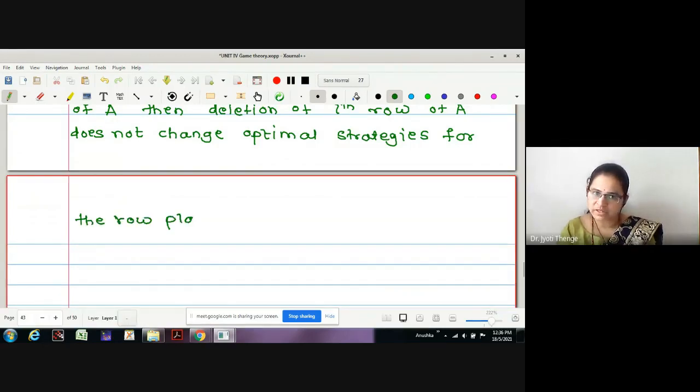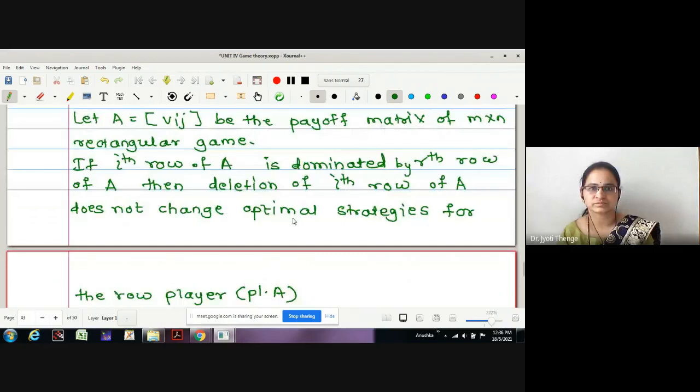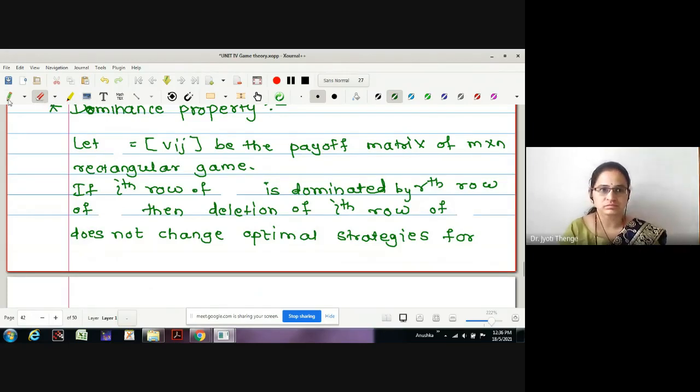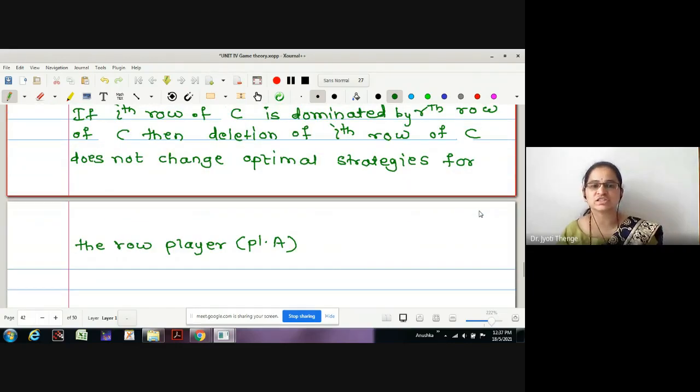Row player means it is player A. This is matrix A and this is player A, so don't get confused. Let's change the notation for the matrix. Let the matrix be C. If the ith row of C is dominated by the rth row of C, then deletion of the ith row of C does not change the optimal strategies for the row player.